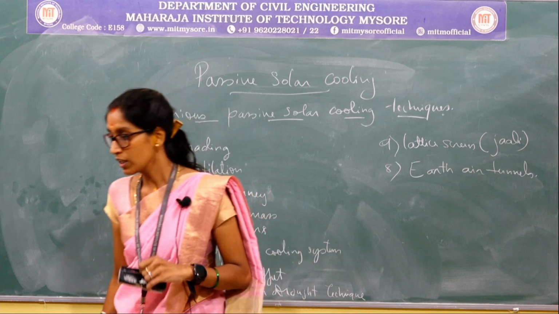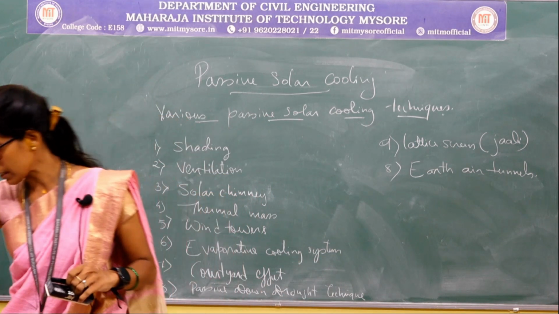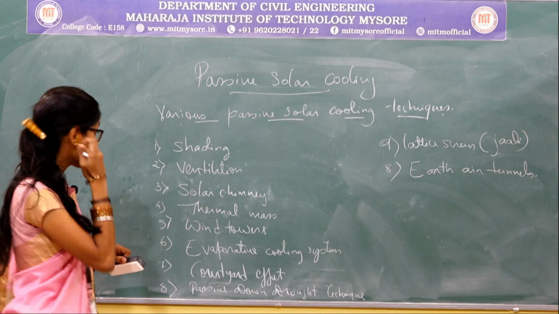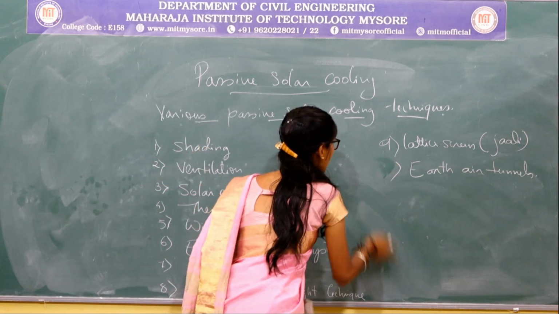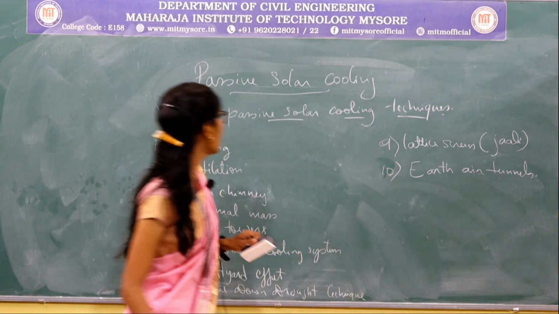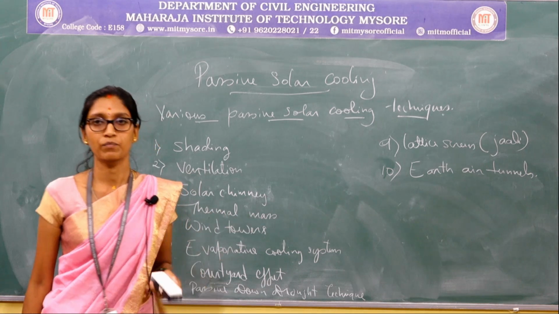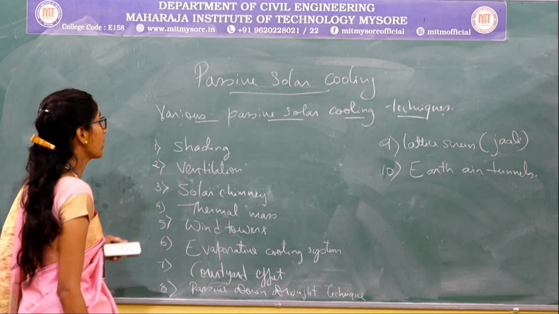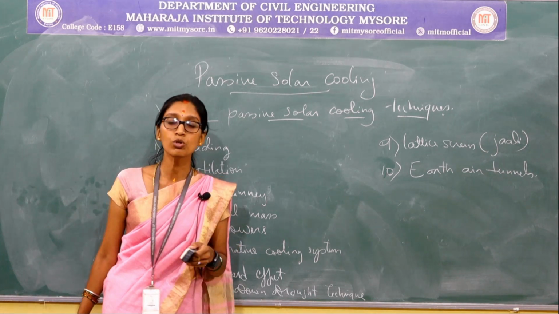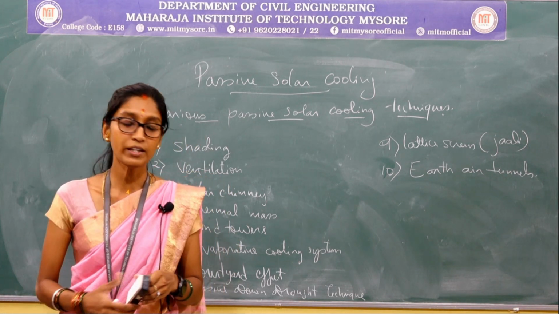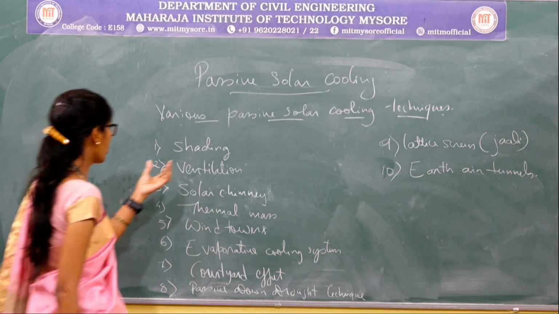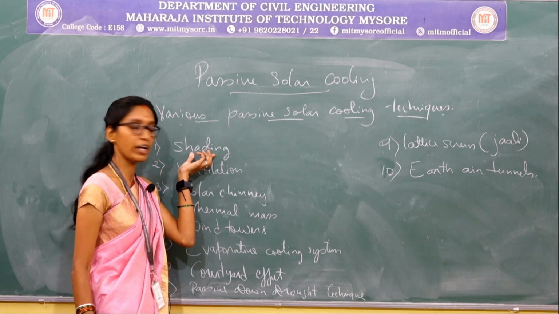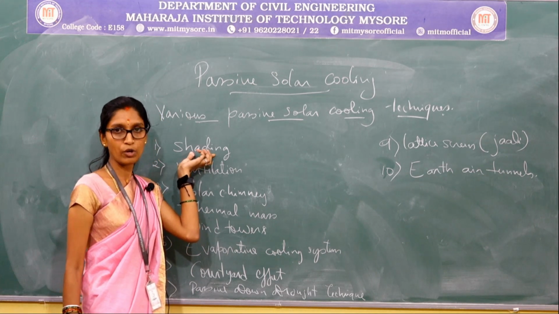So these are the major techniques that are being utilized in order to cool a system passively, where we are not going to utilize any mechanical or electrical devices in order to cool a system, right? So as I told you, the first one is a shading system that we are going to utilize.